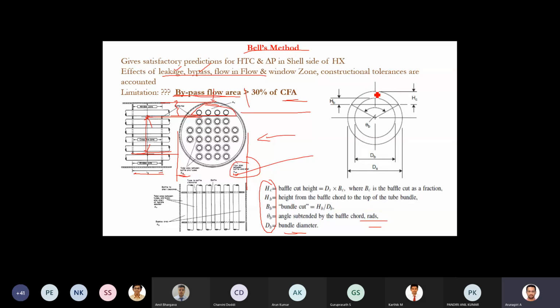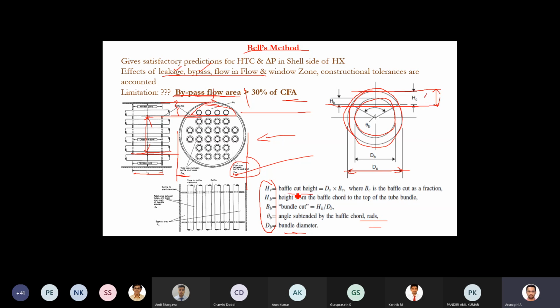If this is your shell, this is your shell diameter. This is your bundle. This is the baffle cut, the fraction of the portion that is being removed from the circular plate, HC.